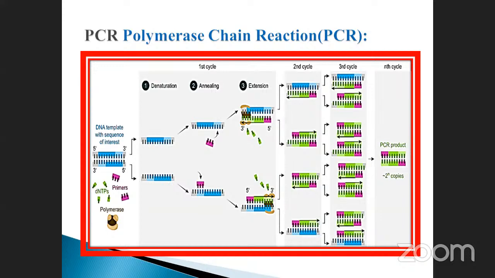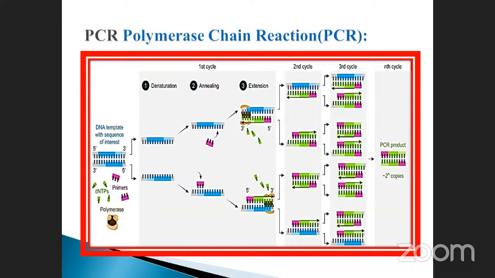After that, you have to add the primers, DNA primer or RNA primer. Mostly RNA primers are used, a small initiator of the polymerase reactions. This is used for the initiation process. It is nothing but small nucleotide fragments attached to the DNA molecule.